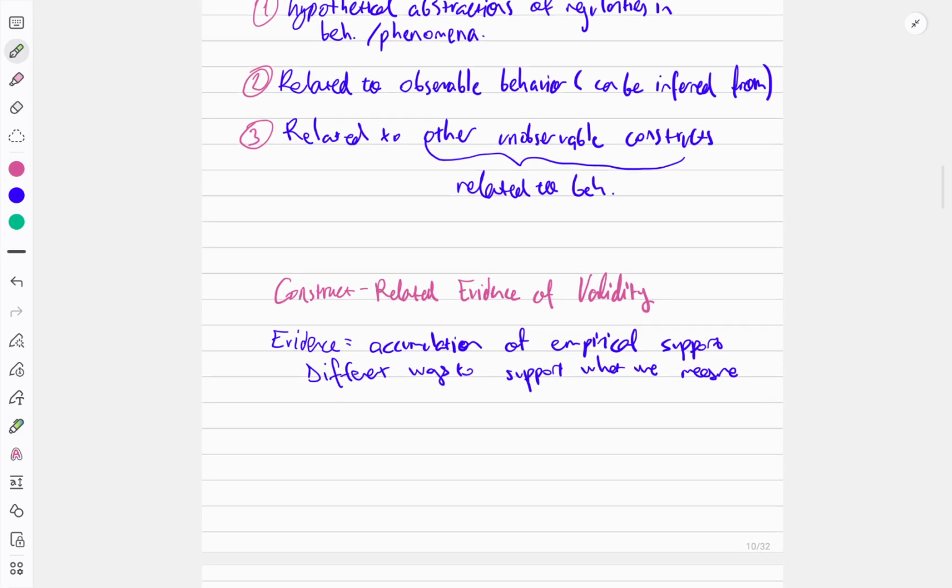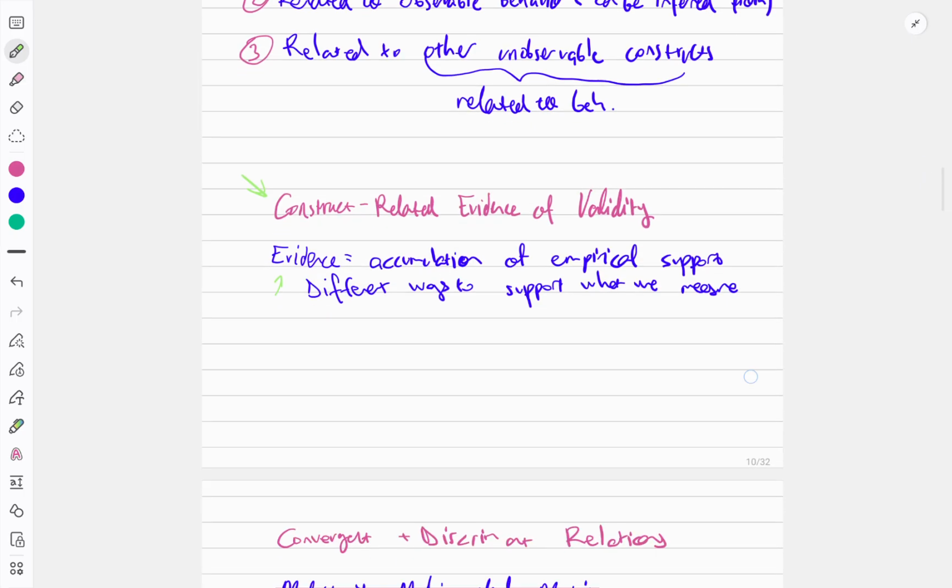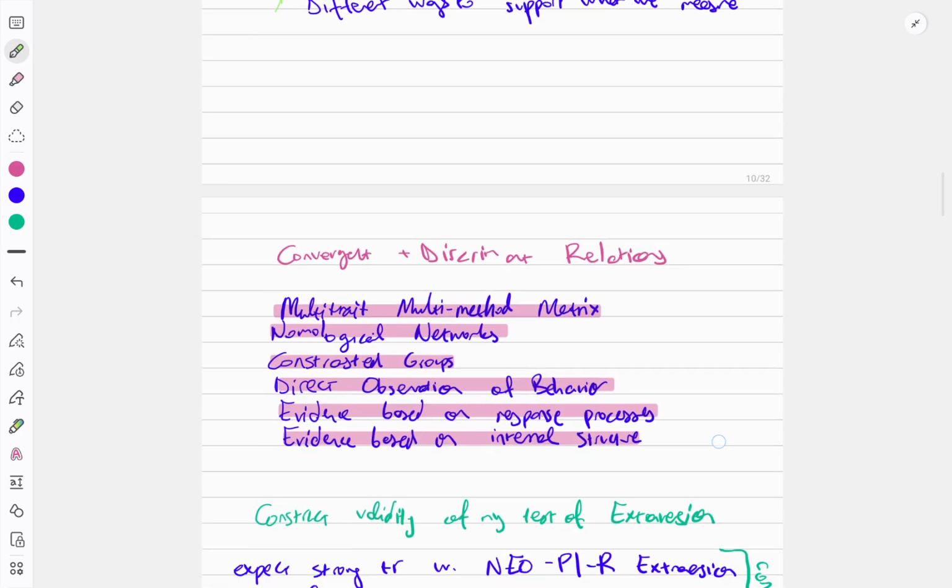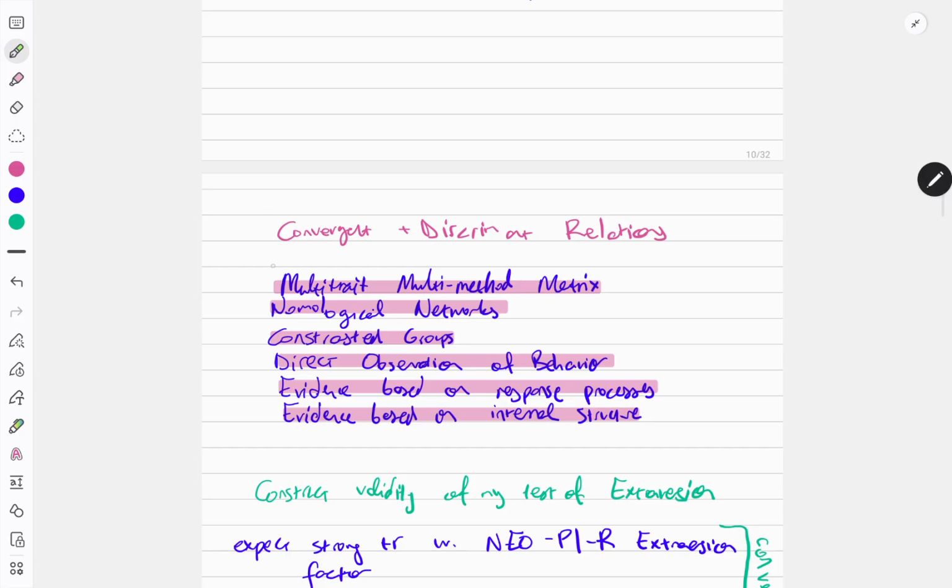When we are trying to get construct related evidence of validity, the evidence is an accumulation of empirical support, like different ways to support what we measure, basically. So we use convergent and discriminant relationships. When we use them, we can use different methods.